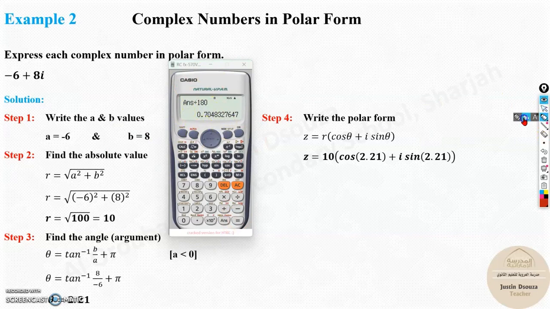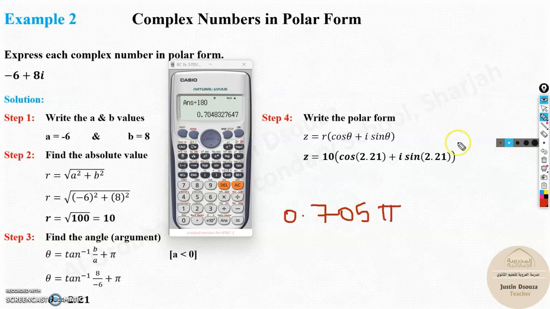Whatever you get over here is in terms of pi, that much pi. So this is the theta in radians. When you convert, remember when you divide, you must always keep this pi over here. Or you can just take the answer, shift pi, and press this symbol SD, and now you will get the same answer.